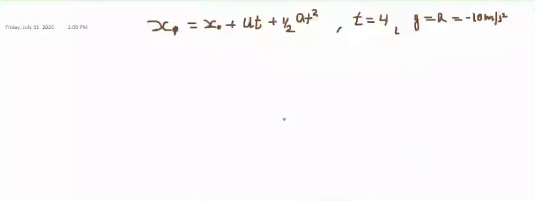Then find the value of x1. x naught we have to take 200. You will get the value of x1 as around 180 meter.